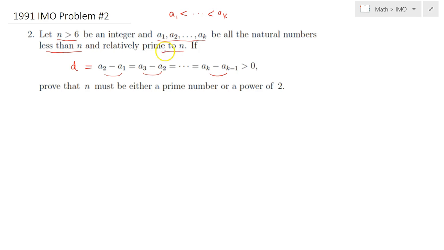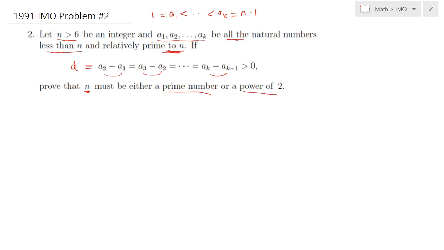Obviously, because every single one of them is relatively prime to n, and we have the list of all the natural numbers less than n which are relatively prime to n, it's obvious that a_1 is 1 and a_k is n minus 1. Then it must be the case that n is either a prime number or a positive integer power of 2.